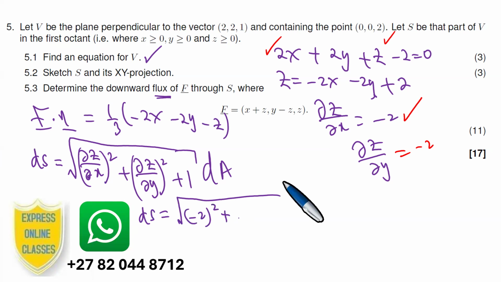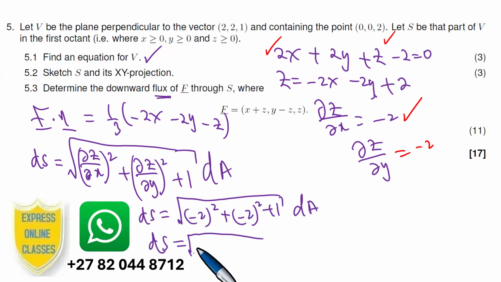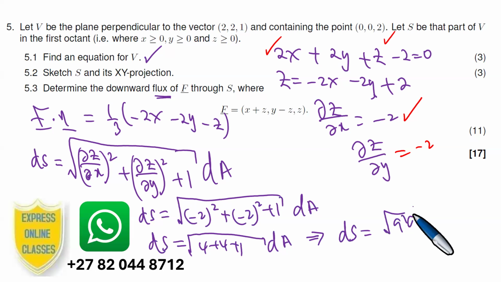The dz/dy is minus 2, you square it, plus 1, dA, which means that you shall have dS is the square root of 4 plus 4 plus 1, dA, which implies that dS for the flux is the square root of 4 plus 4, which is 8, plus 1, which is 9, dA.